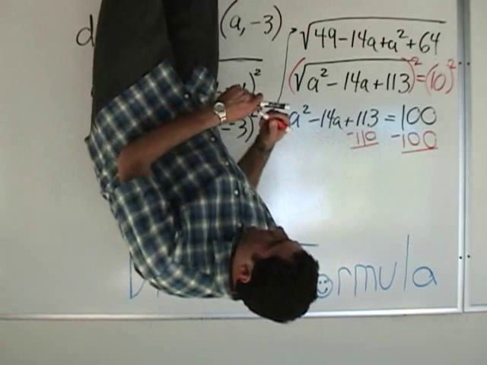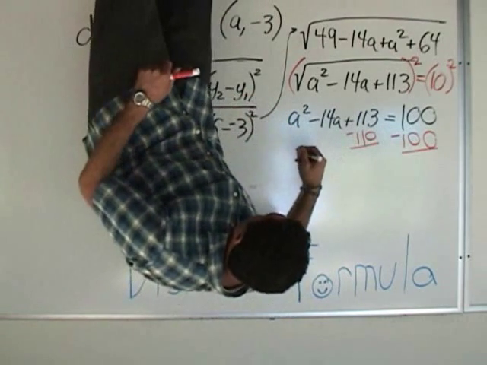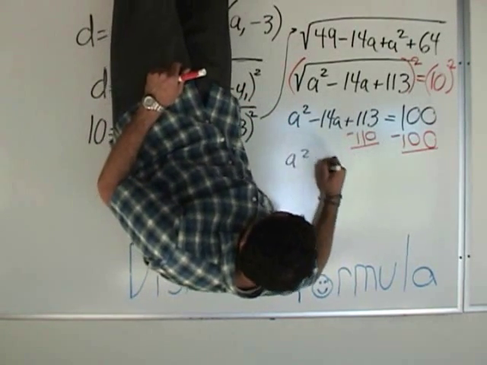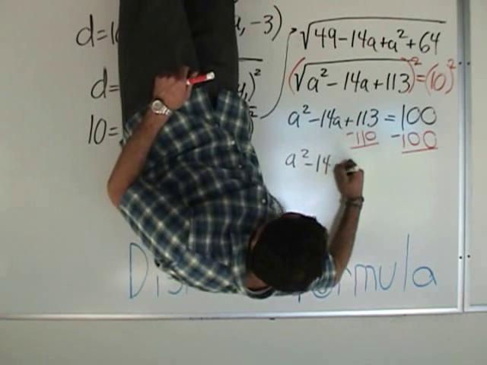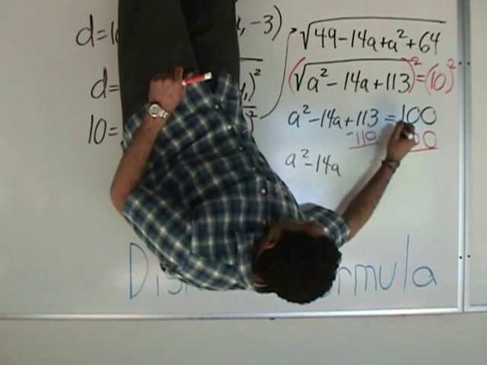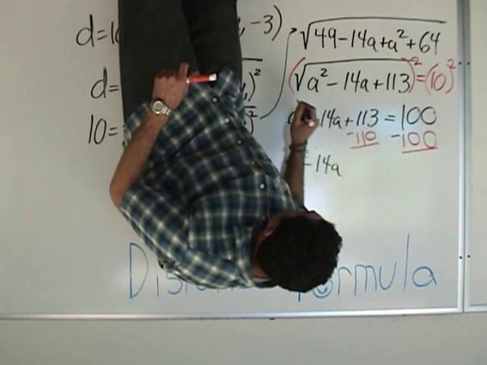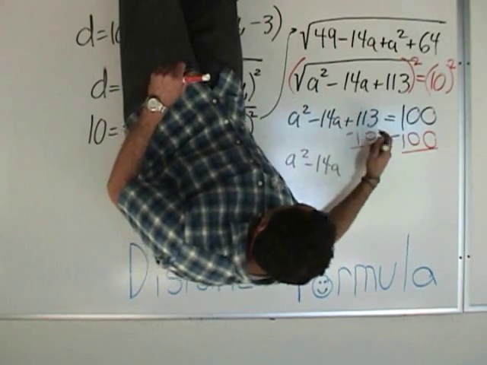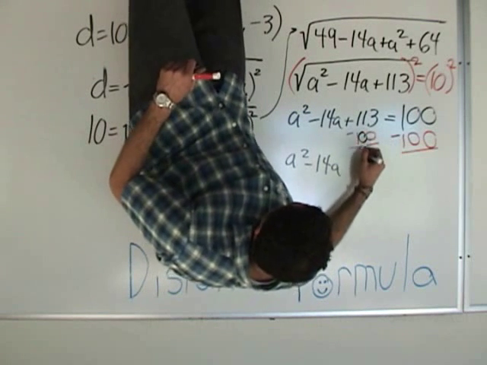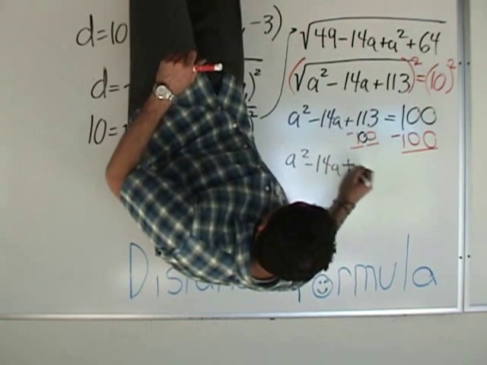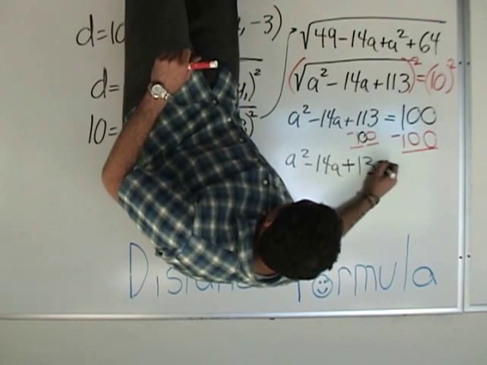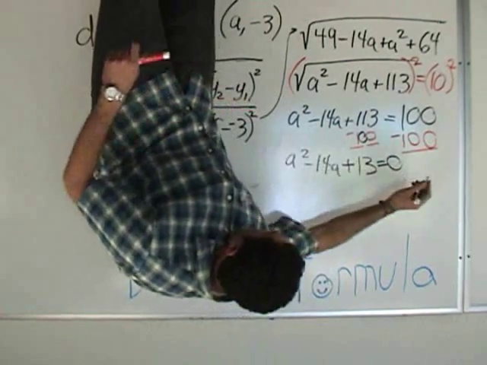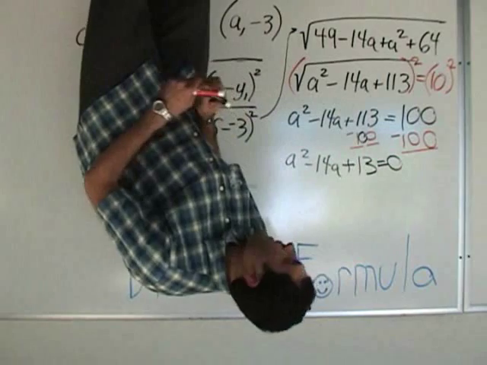So this becomes a squared minus 14a, and 113 minus 100 is 13. Plus 13 equals 0. So you should have on your paper a squared minus 14a plus 13.